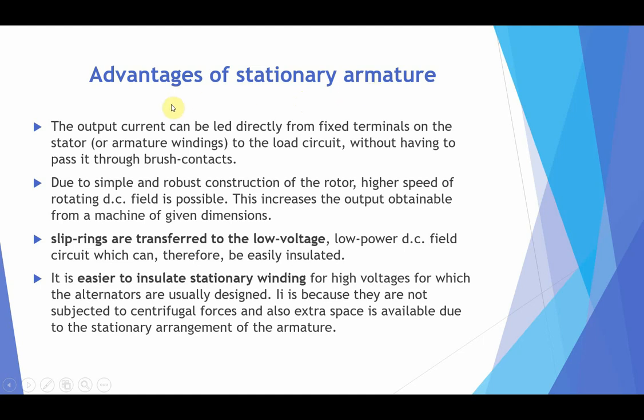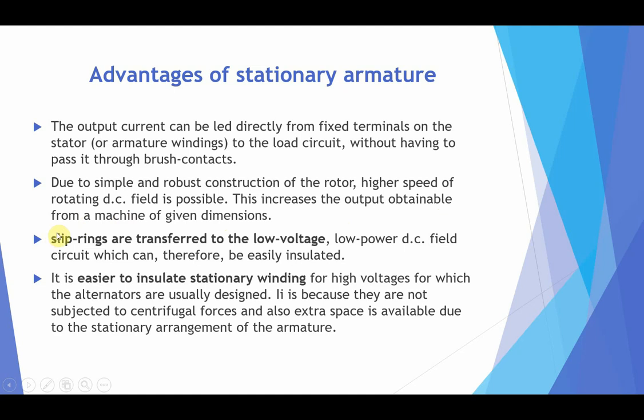So these are the advantages of stationary armature. First, the output current can be taken directly from the fixed terminal on the stator, and we don't need to pass it through brush contact. Due to simple construction, high speed rotating DC field is possible as we give excitation to the DC field. So this increases the output from machines of given dimension.